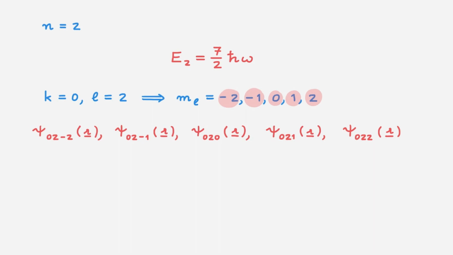But we can also get n equals 2 with k equals 2 and l equals 0. In that case, m_l equals 0. So this second case leads to a single eigenfunction, which is psi 2,0,0. Overall, what we see here is that the second excited state is 6-fold degenerate.